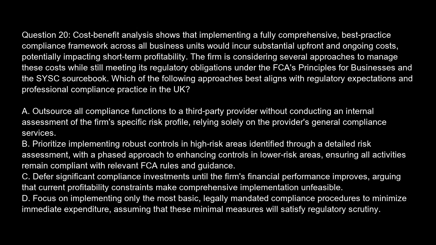Option C. Defer significant compliance investments until the firm's financial performance improves, arguing that current profitability constraints make comprehensive implementation unfeasible. Option D. Focus on implementing only the most basic, legally mandated compliance procedures to minimize immediate expenditure, assuming that these minimal measures will satisfy regulatory scrutiny.